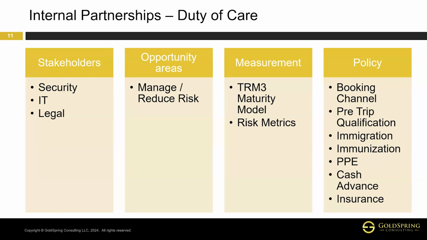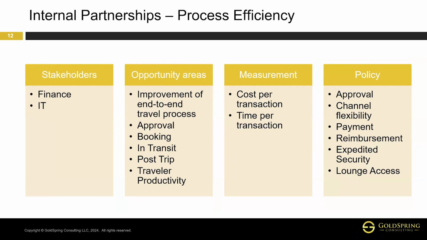Immunization is reimbursable. It's not always in all companies, right? Making personal protective equipment reimbursable, providing cash advances or insurance so that travelers find an easy way out if they're in difficulty. So those are the things that you might see in the policy to meet your duty of care strategy driver, if that's important to you.